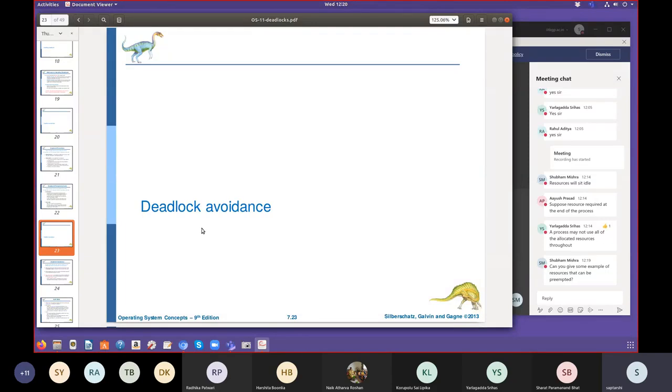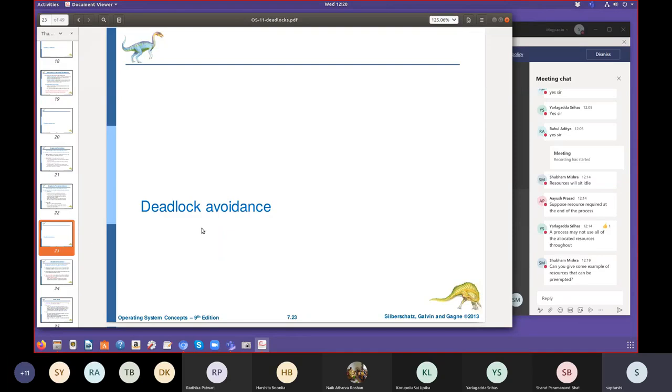Can you give some examples of resources that can be preempted? Okay. Again, just from the top of my head, in certain conditions, maybe semaphores can be preempted. Let's say that before entering a critical section, a process has to wait on two semaphores. We have seen such examples in the previous chapter.